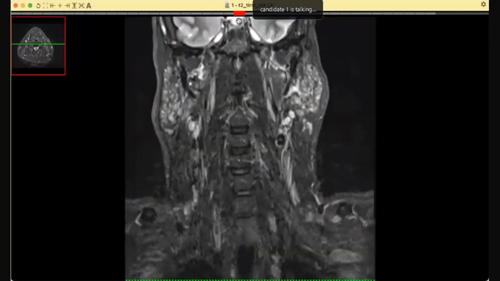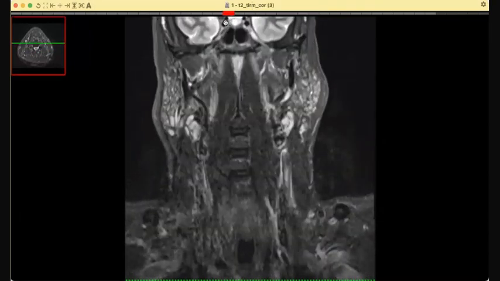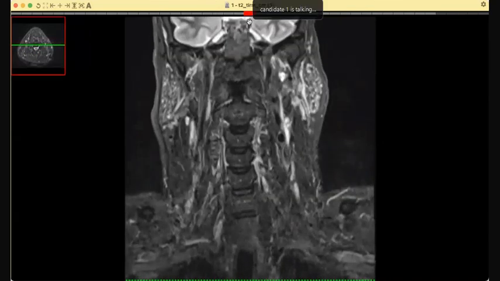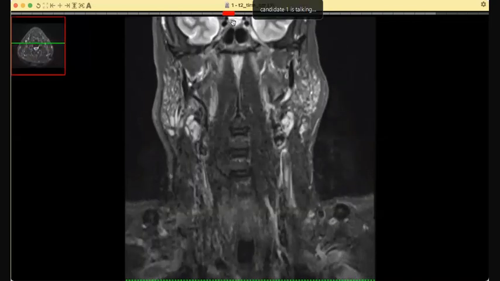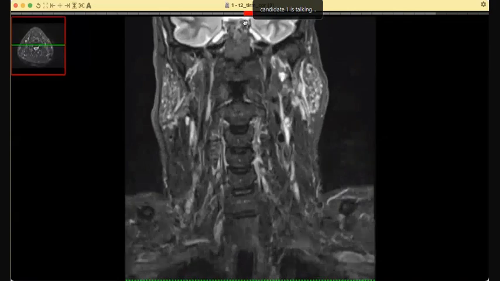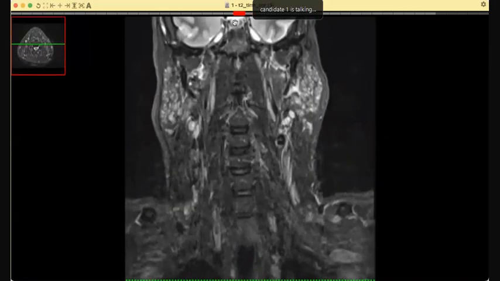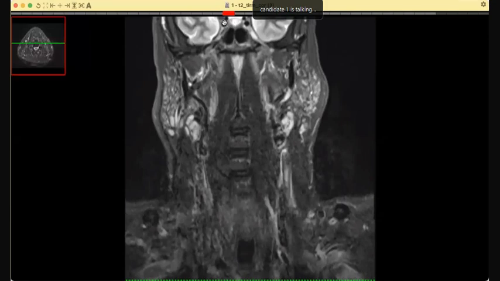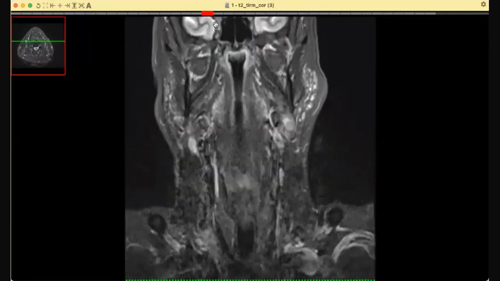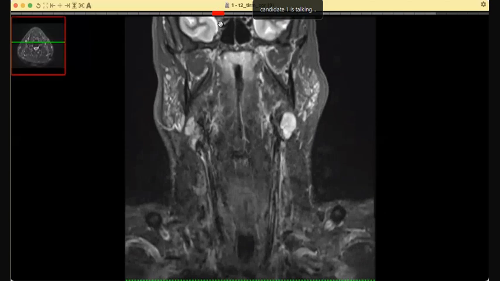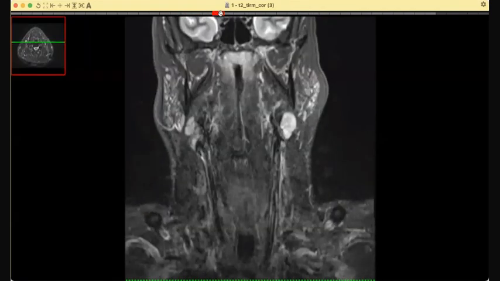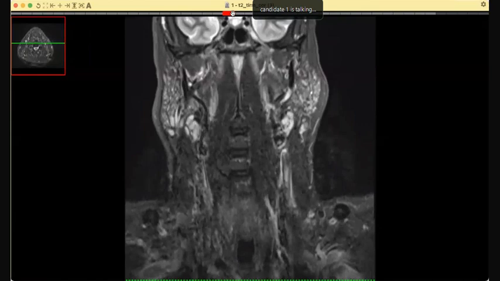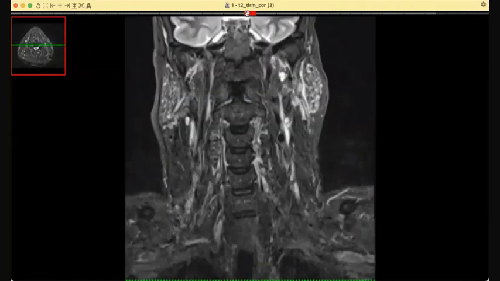So again, the parotids look bilaterally enlarged, and I'm just trying to locate the parotid duct, and I think the parotid duct on the left side looks dilated.